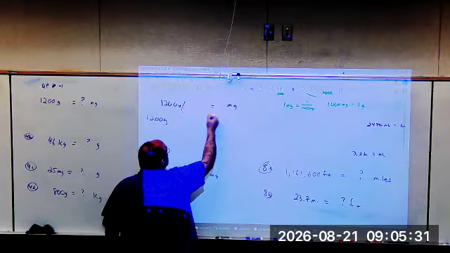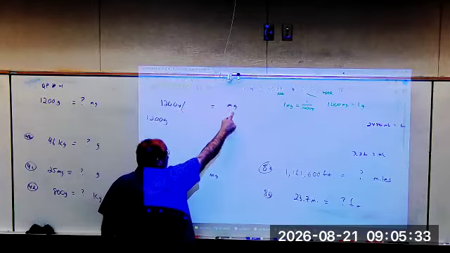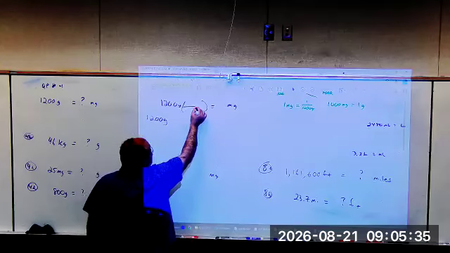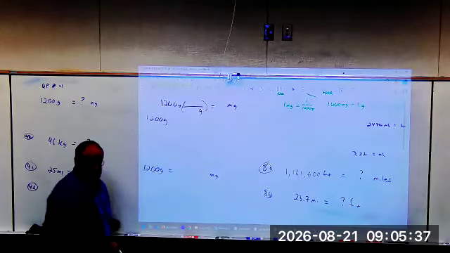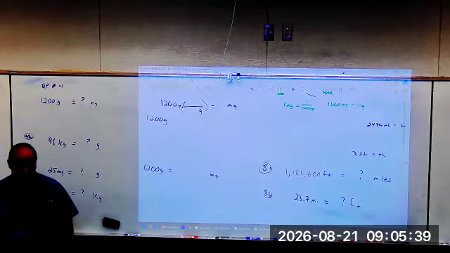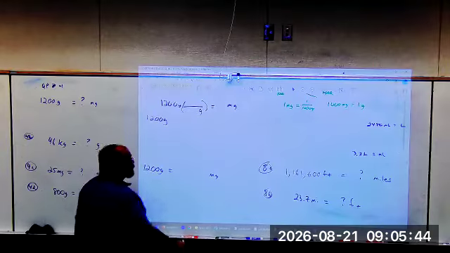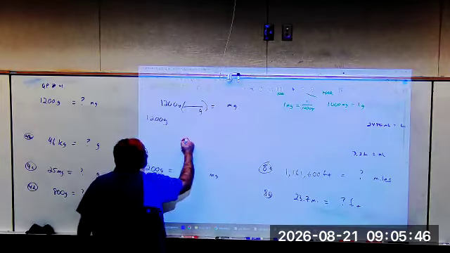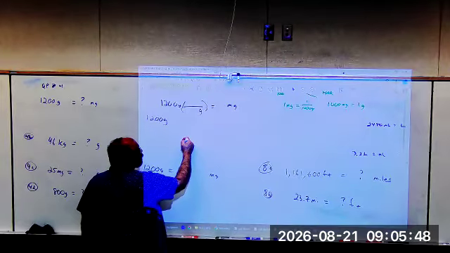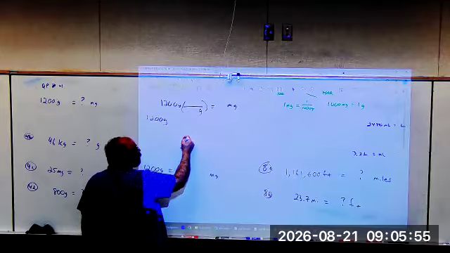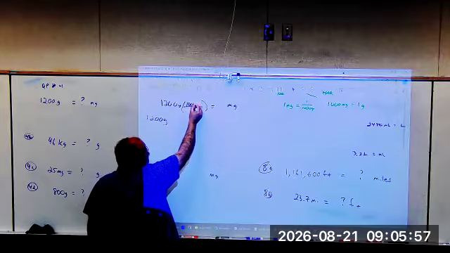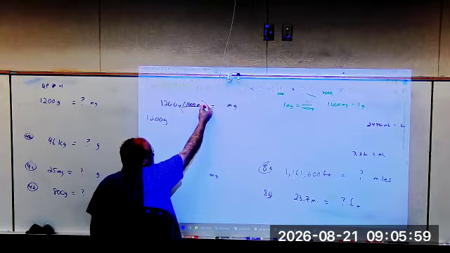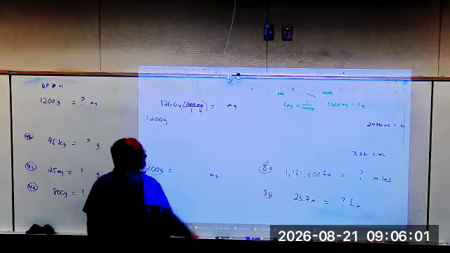Since we want to undo the gram and be left with the milligrams, we're going to need grams at the bottom. So it reduces. No more grams. The connection between grams and milligrams: there's 1,000 milligrams for every 1 gram.